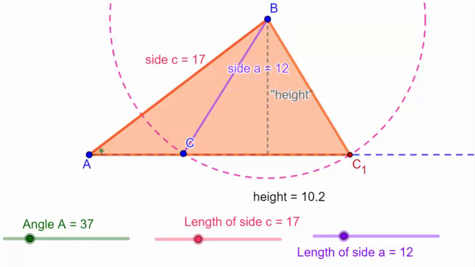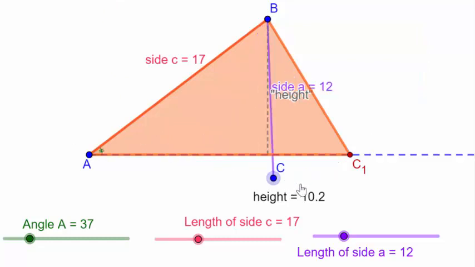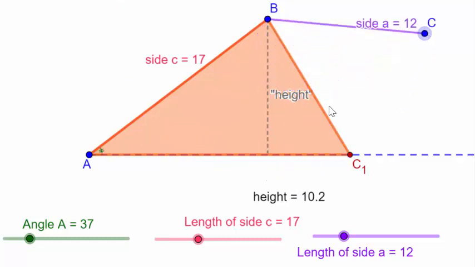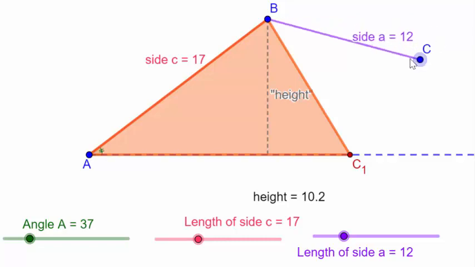So there are indeed two triangles that will be possible. So we will be solving for both sets of values. So we're going to be solving for the missing sides and angles in both ABC1 and ABC2.